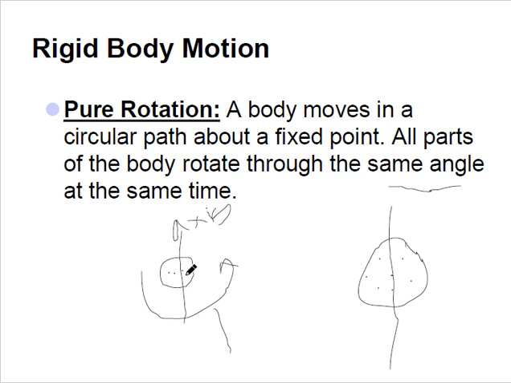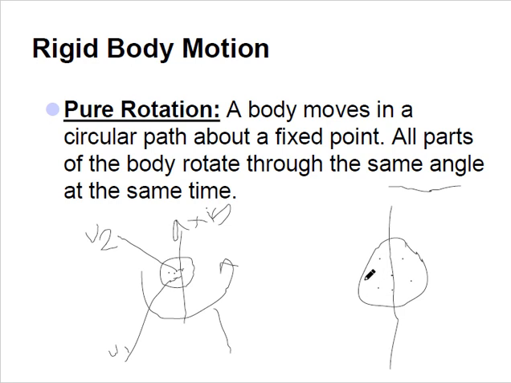The farther a point is from the center of rotation, let's say this point is far away from the center and this point is near the center, when you look at the speed, the speed of the far point is higher than the speed of the point near the center.